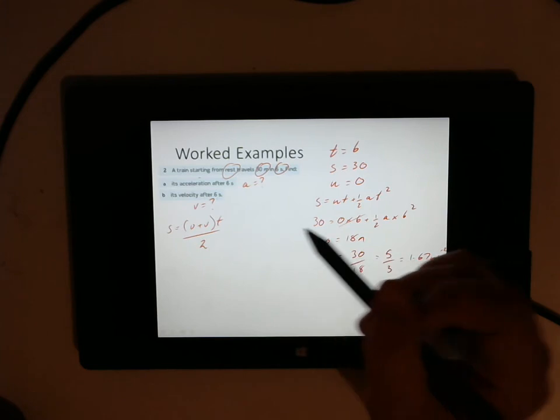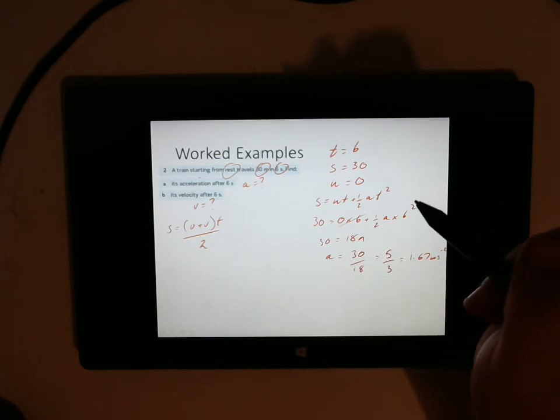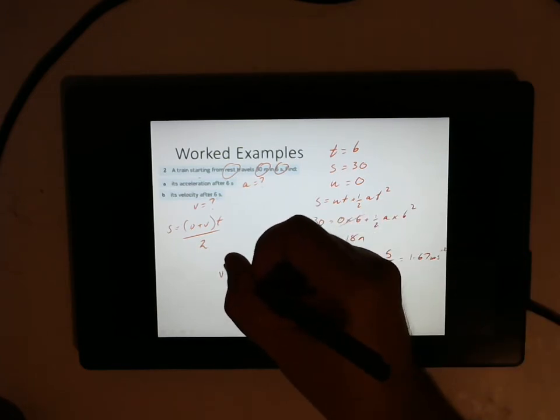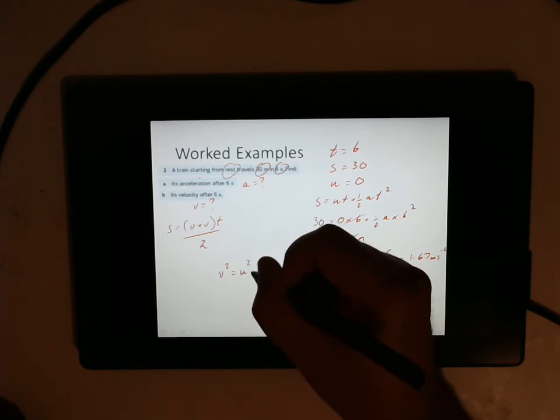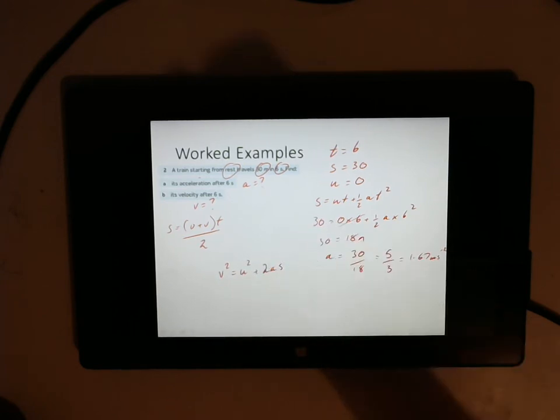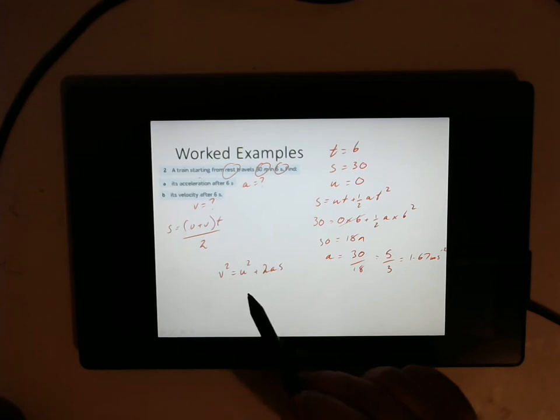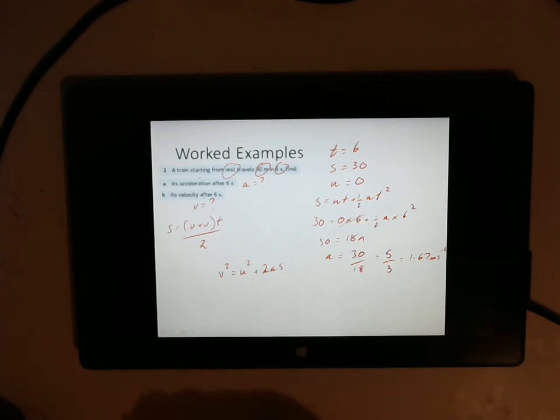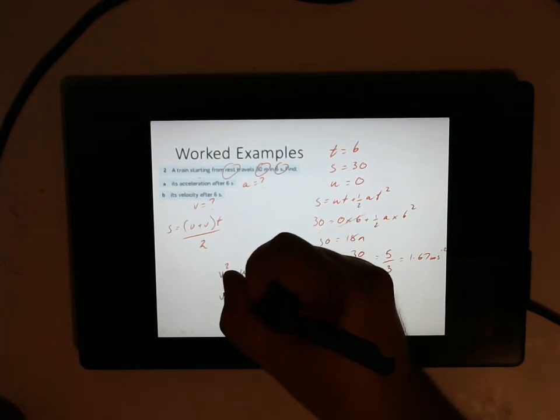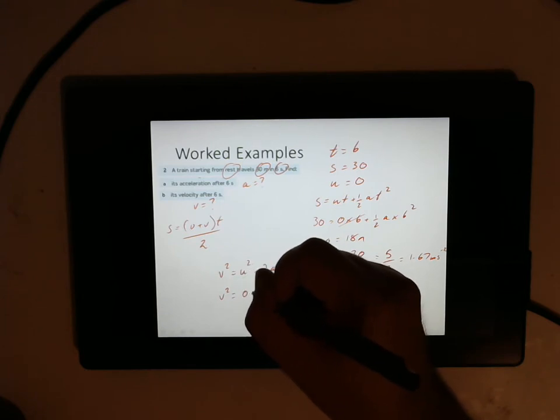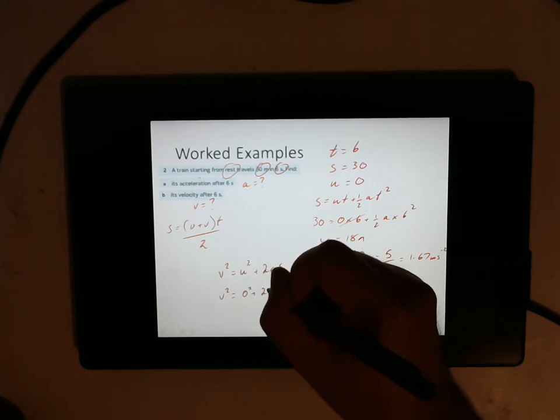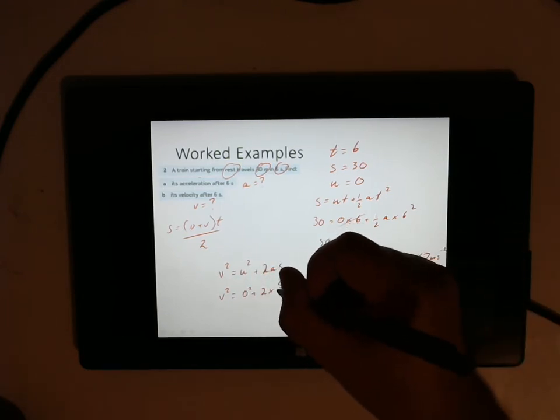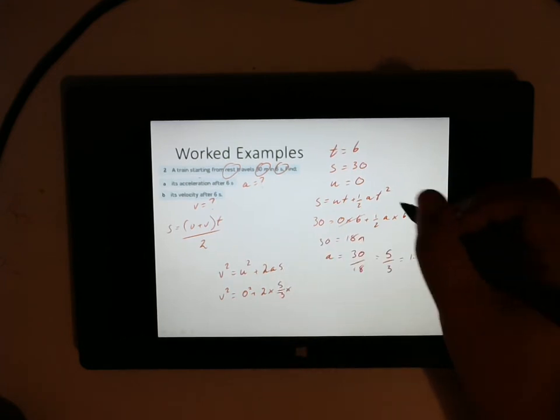So I'm going to use instead, since I'm after velocity, v squared equals u squared plus 2as. And the reason is that the u is going to cancel off nice and quickly. So let's substitute that. V squared equals 0 squared plus 2 times a, which was 5 over 3, times 30.